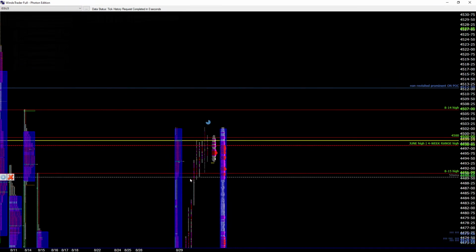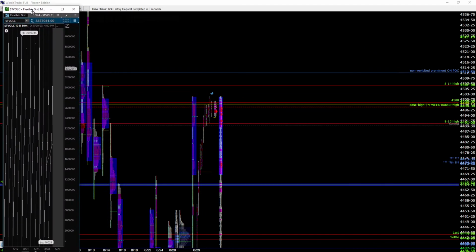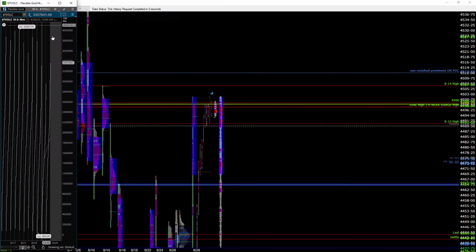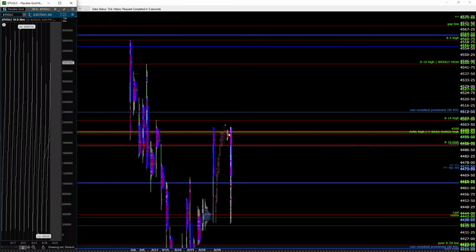All the shorts that were being activated here were very active. I tend to believe it was shorting rather than buying, because the volume is extremely low relative to the magnitude of this movement. This is a huge movement to the upside, and look at the volume.